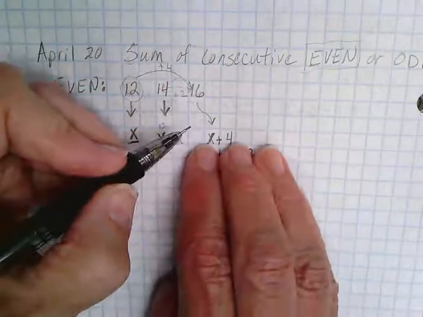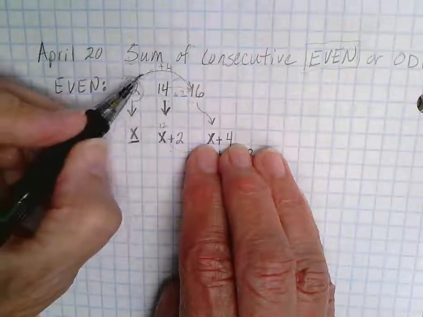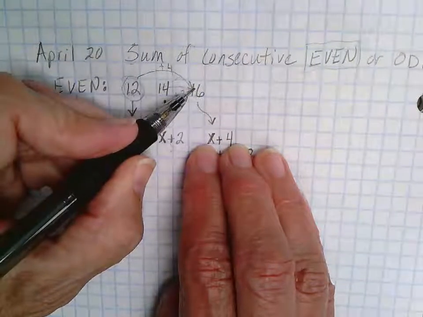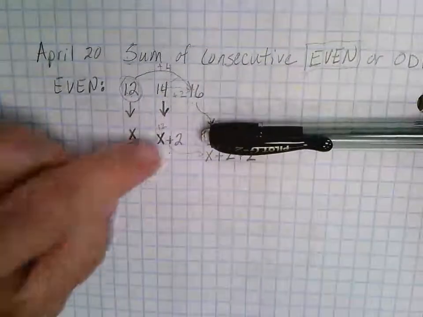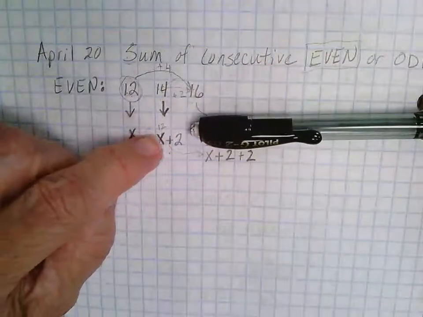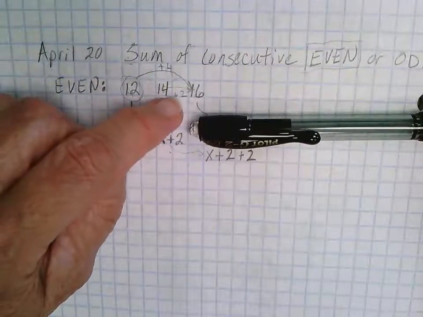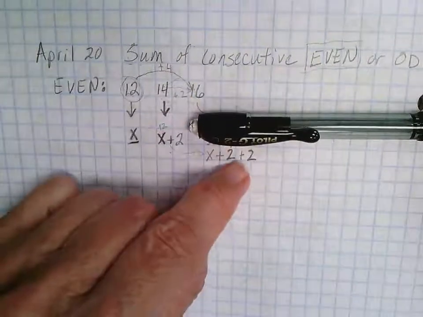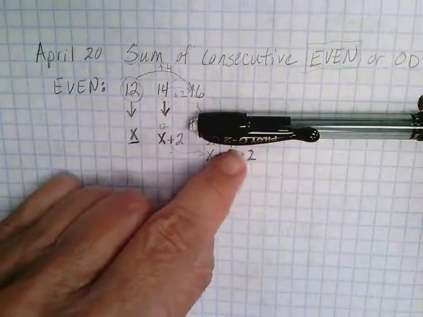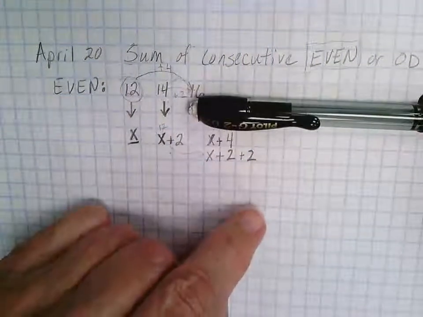So I could represent this third number either way. It could be x plus 4, thinking about it in terms of the first number that I would have to add 4 to it, or I could think about it in terms of just the previous number. The previous number was x plus 2, so I would just have to add 2 to that number to get to the next one. And you can see that this would simplify to x plus 4, because 2 plus 2 is 4.